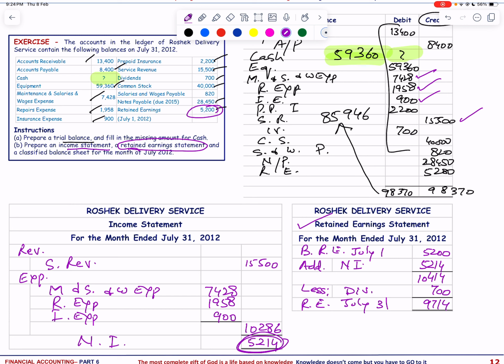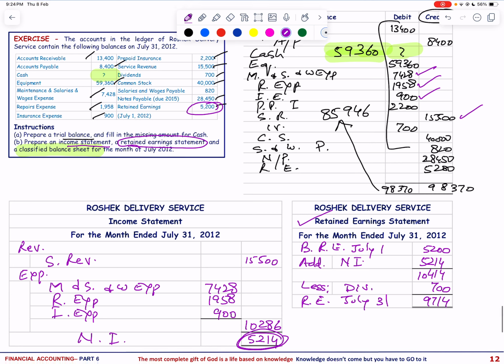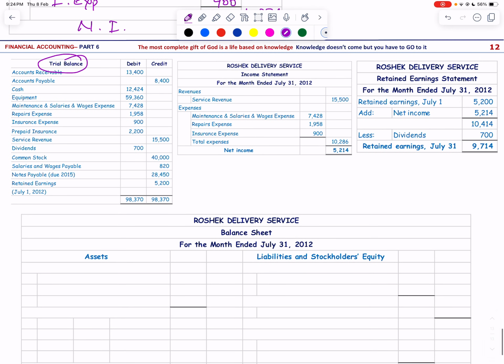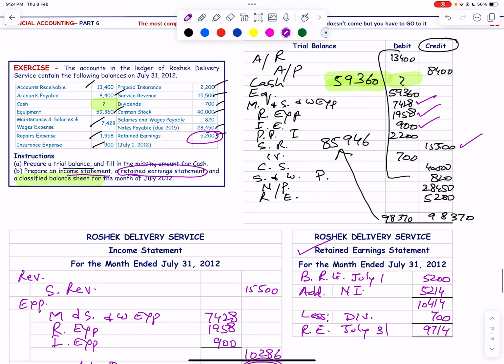And finally, we have to prepare the classified balance sheet. And let us see how we do that. Now, on the next slide, I have simply put all this information in a table. We have the trial balance. You can see the total of cash as 12,424. Oh, I made a mistake here.